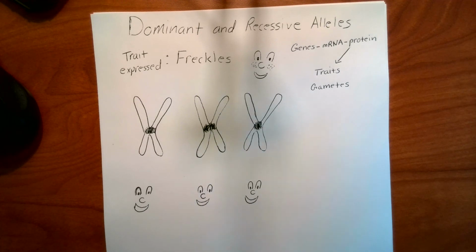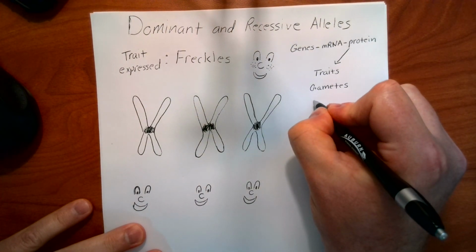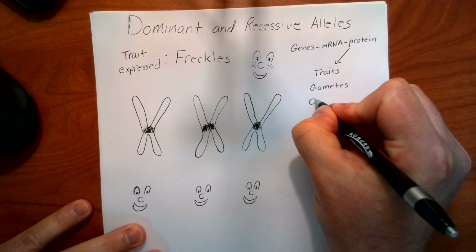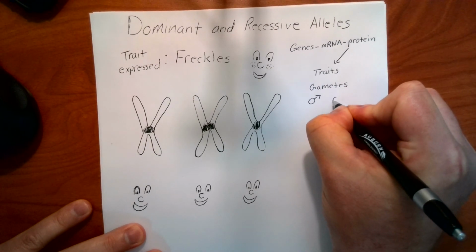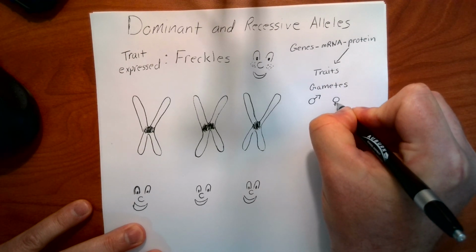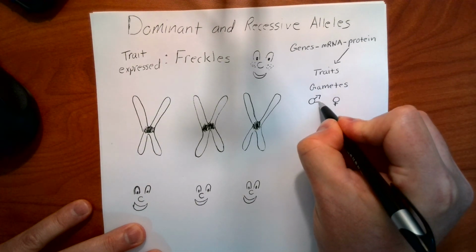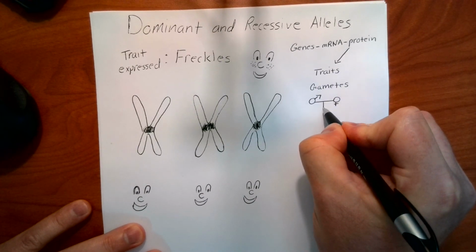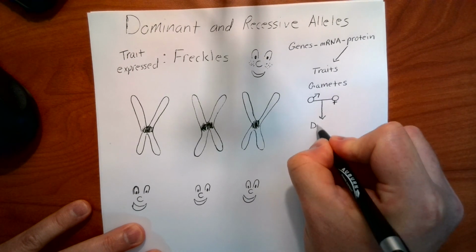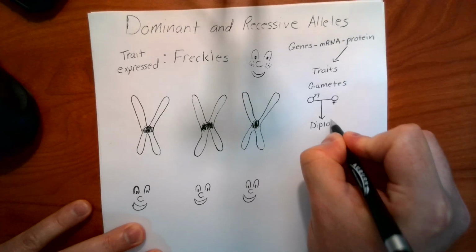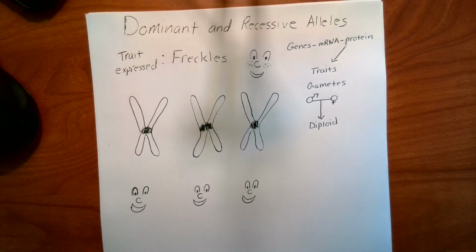So we get our traits when these haploid cells, like sperm and eggs, male and female, when these cells fuse, they create a diploid cell that has all the genes an organism needs to survive.